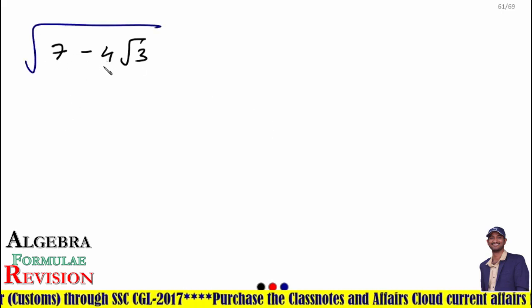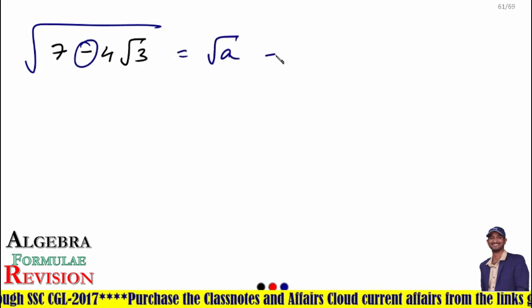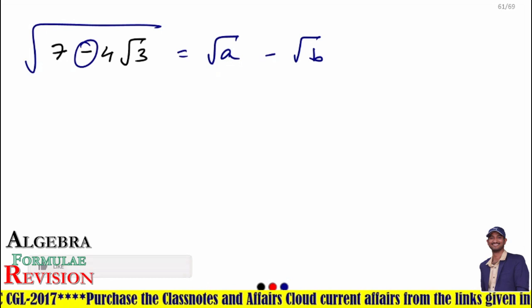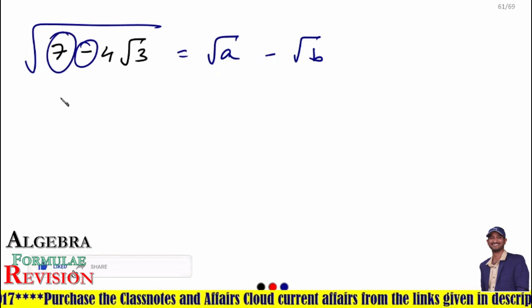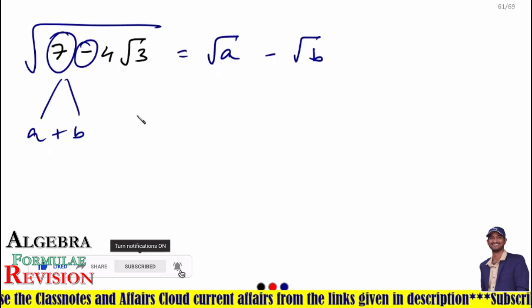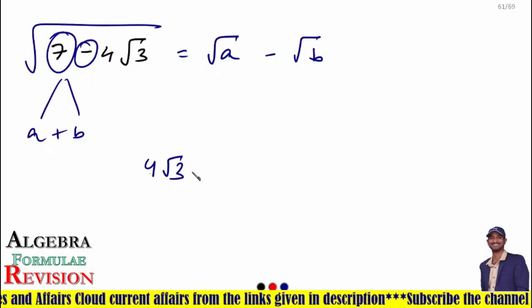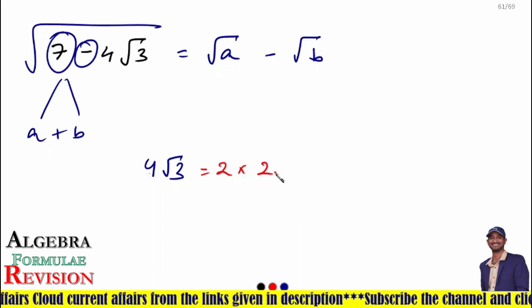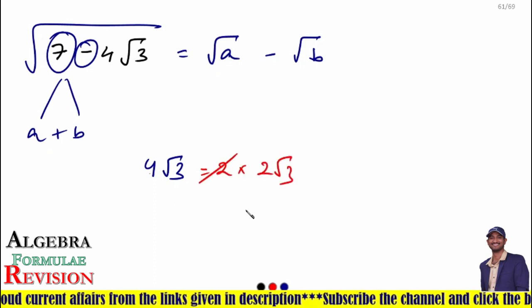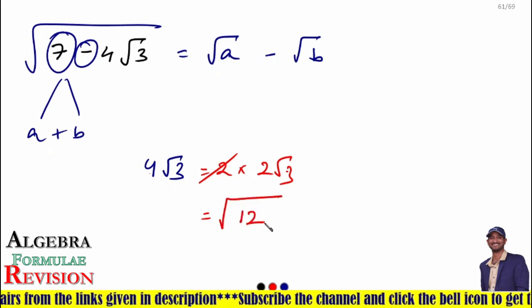So what I tell you, if here I have minus, then definitely I'll get a surd in the form of root a minus root b. And the rational part is equal to a plus b. And here we have an irrational part which is 4 root 3. But you have to cancel 2. 4 root 3 means 2 into 2 root 3. The 2 and 2 cancel out. So 2 root 3 is equal to the square root of 12.